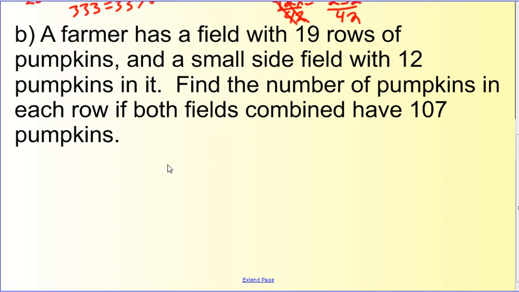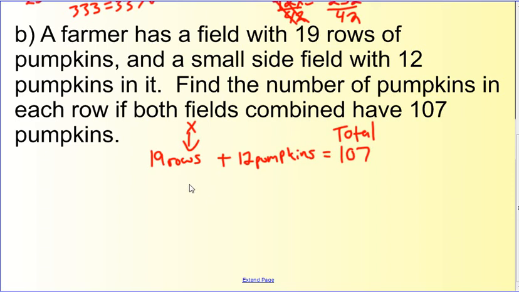So we have a field with 19 rows of pumpkins, plus a small side field with 12 pumpkins. And find the number of pumpkins in each row. So we don't know that. We need to find how many pumpkins are in each row. So that's going to be our variable. Both fields have a combined 107. That's our total.